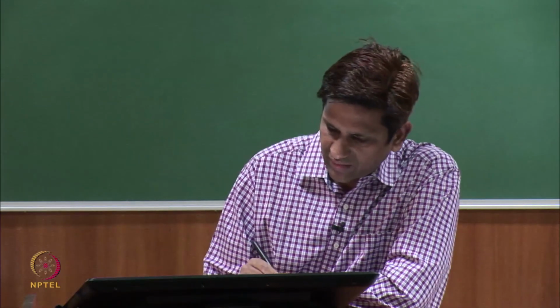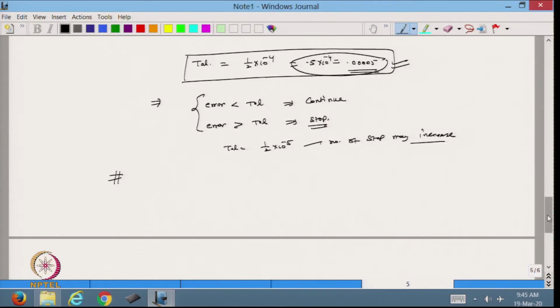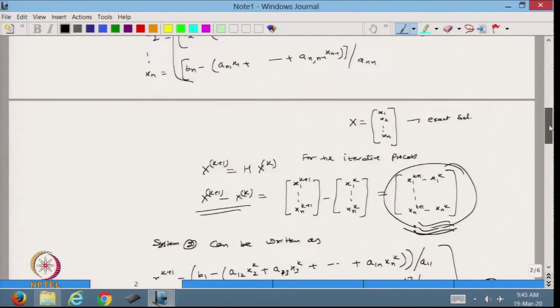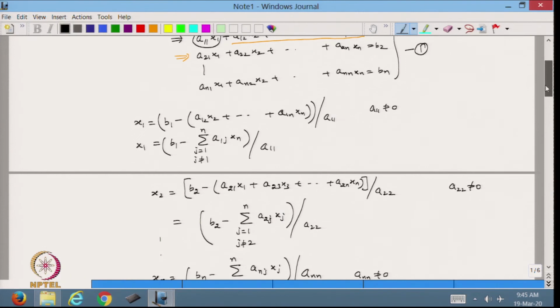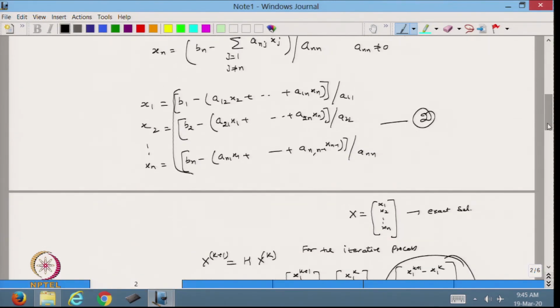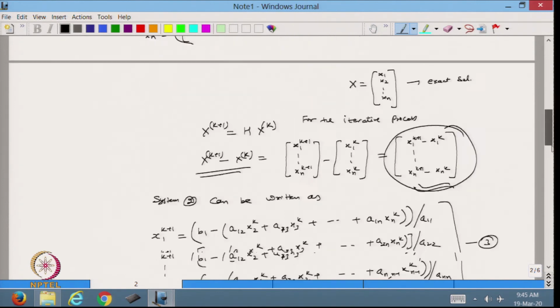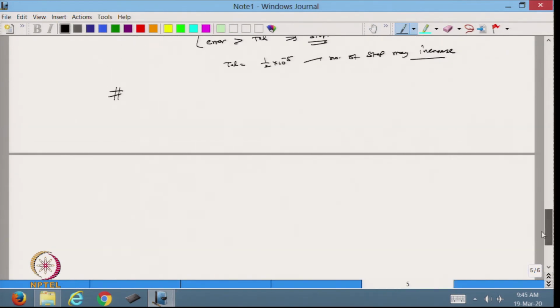Now, in the Jacobi method we have seen that all the diagonal elements should be non-zero.